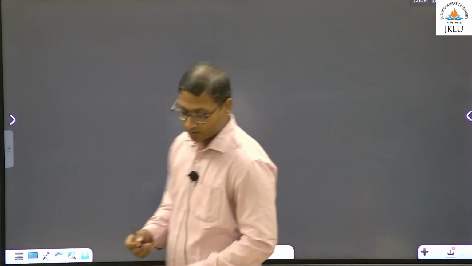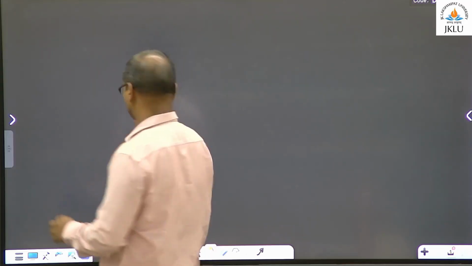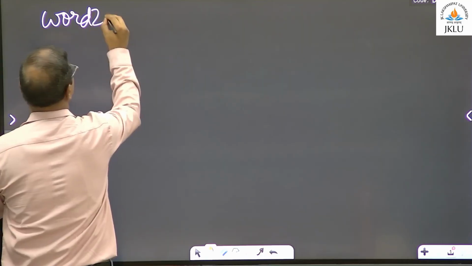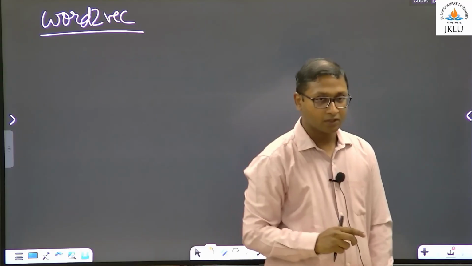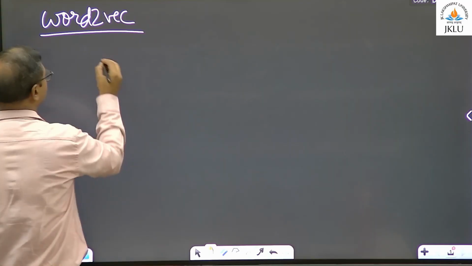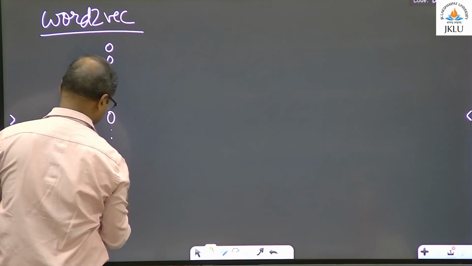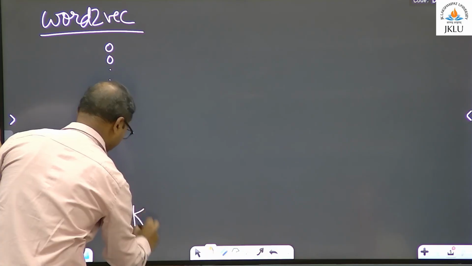Okay. So let's straight away talk about word2vec. We were talking about how many neurons will be there in the first layer? Mod V, which is equal to 10K for our example.